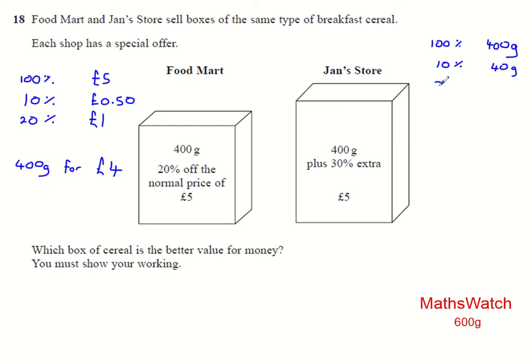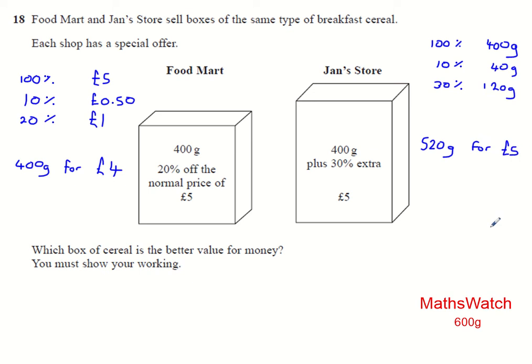And 30% means we are timesing 10% by 3. So 40 grams times 3 is 120 grams. So in total, at Jan Store, we're getting the 400 gram box plus 30% extra, so we're getting 520 grams, and that's costing £5.